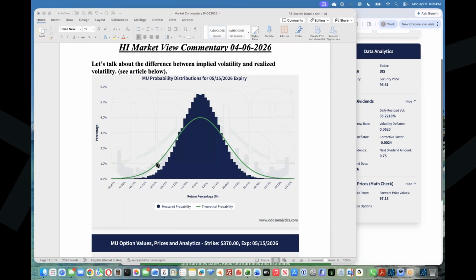So what this particular graph is telling us is that if there's a move that goes up 53%, the chances of that move, and this all reverts back to probability, based on what the market's expecting, is this green line. They're expecting a 53% move to happen, probably a little bit more than twice as often as the stock has actually made a move up that big.